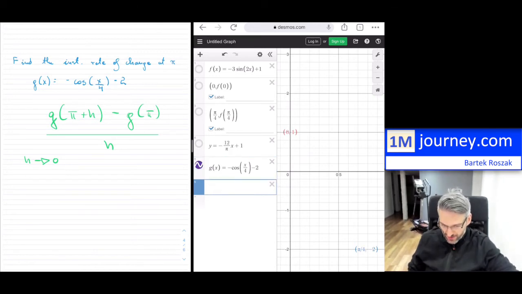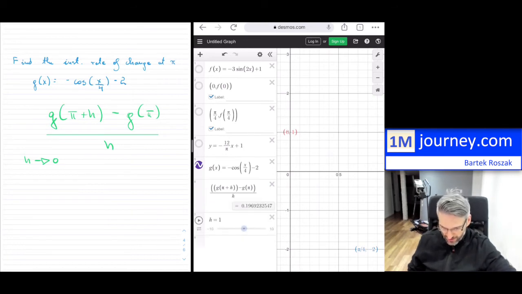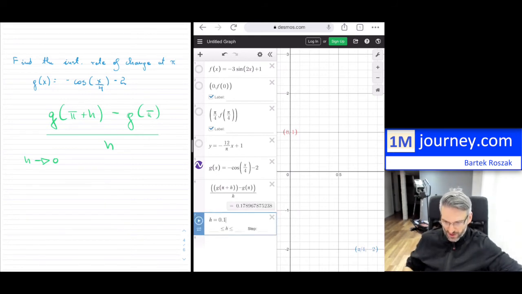Now trying to find what this is: g of pi plus h minus g of pi, I'll put all of that in brackets, divided by h. I'll put a slider, and let's make this small. Now we can just keep making it smaller and smaller and smaller to see what it is.